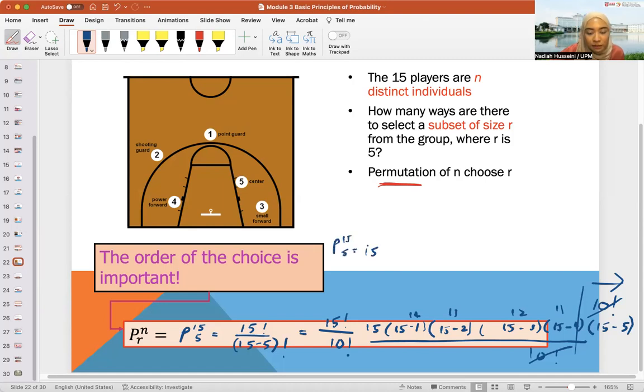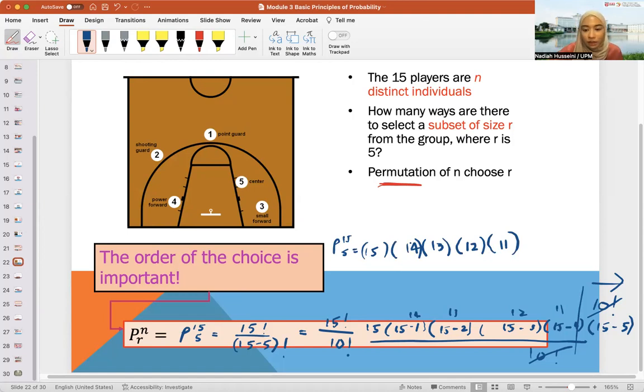So now permutation 15 choose 5 is just 15 times 14 times 13 times 12 times 11. As you can see over here, there's no longer the 10. The 10 is gone. There's no denominator anymore.